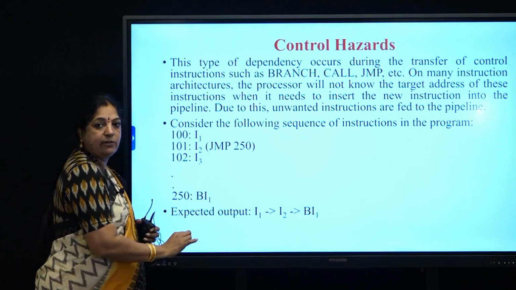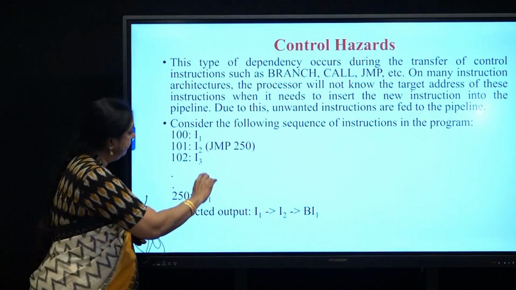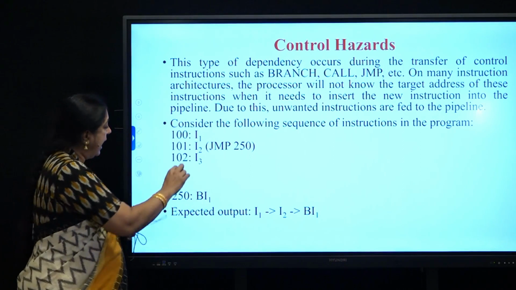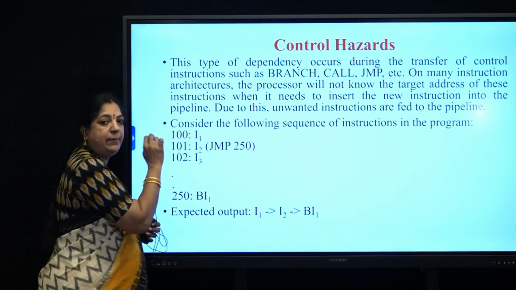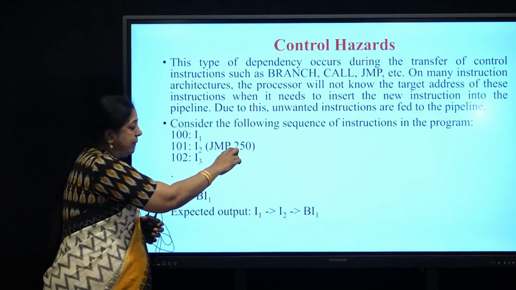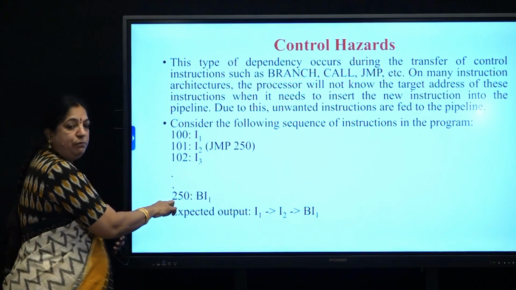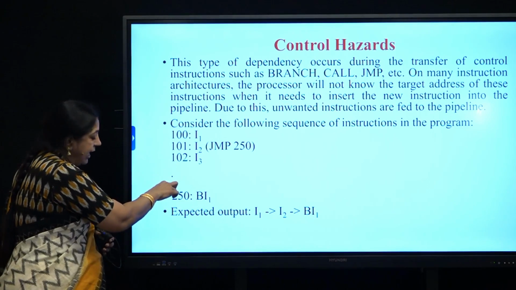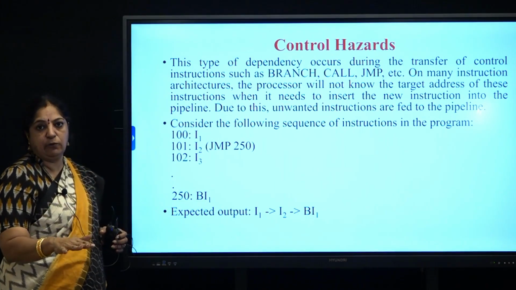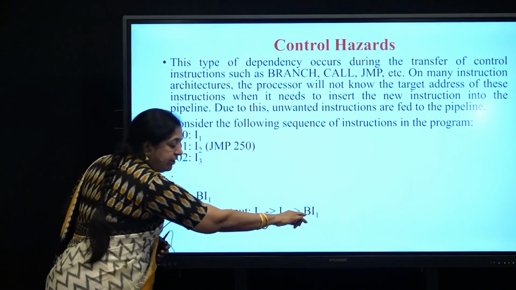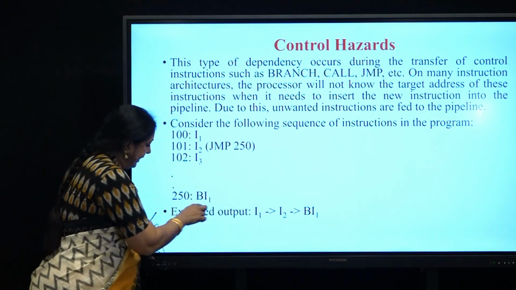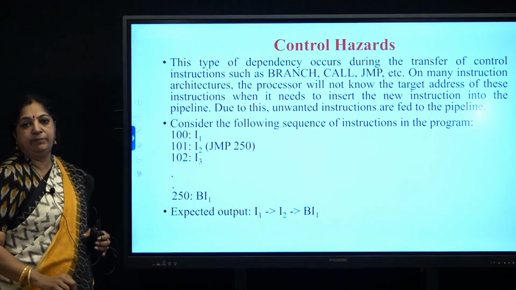First I1 is executed, immediately after that instruction 2 is executed, and as instruction 2 is a branch operation, taking the address mentioned in it, the control has to go to 250. Whatever is in between we have to skip, as it is not required to be executed. So this is the expected output: first instruction 1, then instruction 2, then directly we move to BI1.